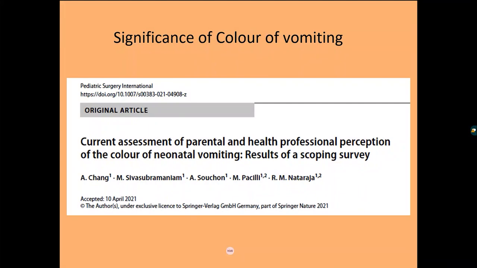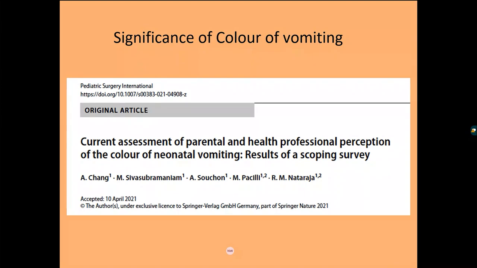There's a very interesting recent publication in the journal Pediatric Surgery International, conducted by a team of researchers at the Children's Hospital in Monash, Victoria, Australia, where they looked into the perception and knowledge of healthcare professionals regarding the color of neonatal vomiting.